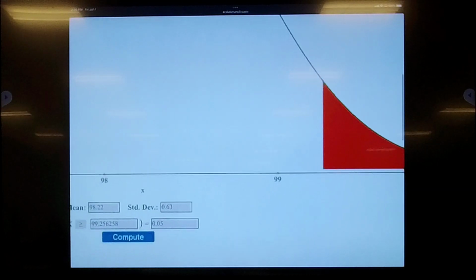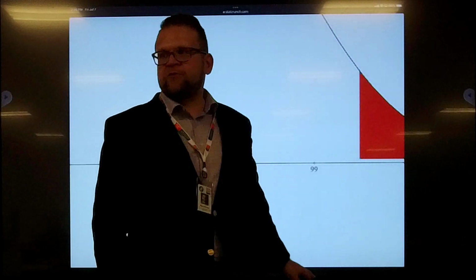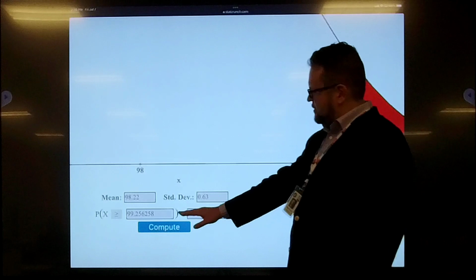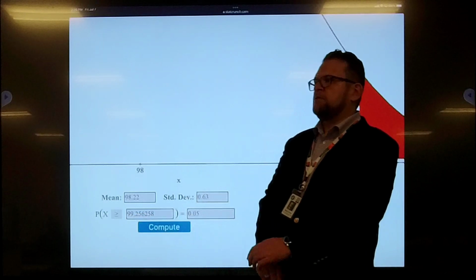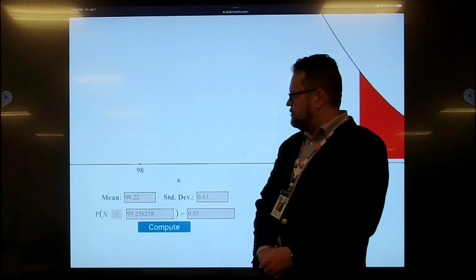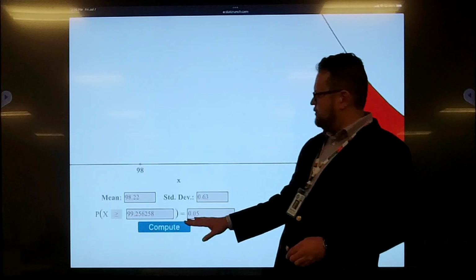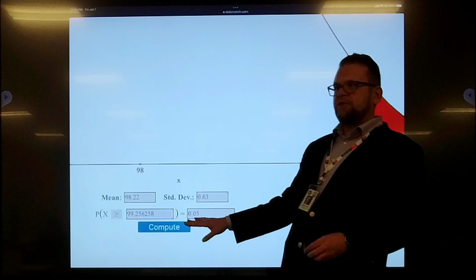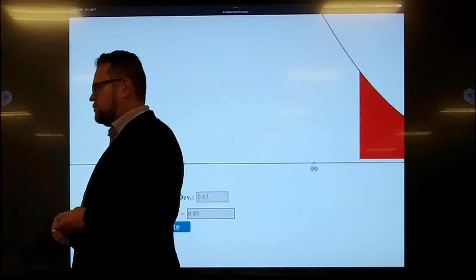In other words, this says 5% of normal and healthy people have this temperature or higher. So I wanted a temperature where only 5% of people would have this temperature or bigger, and that temperature is 99.256.